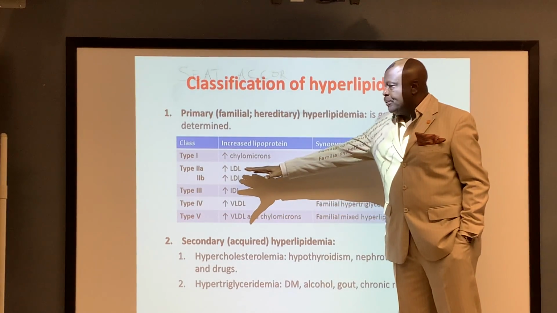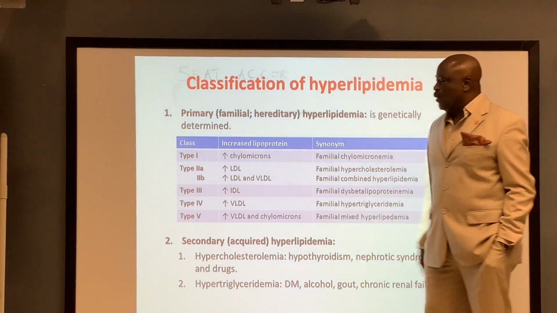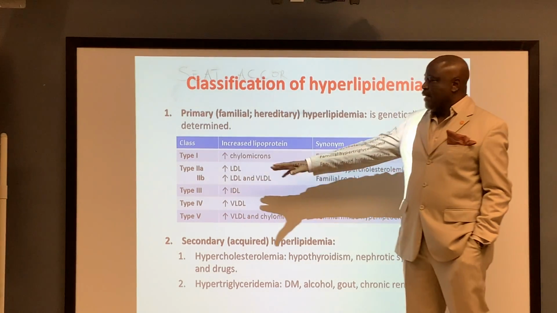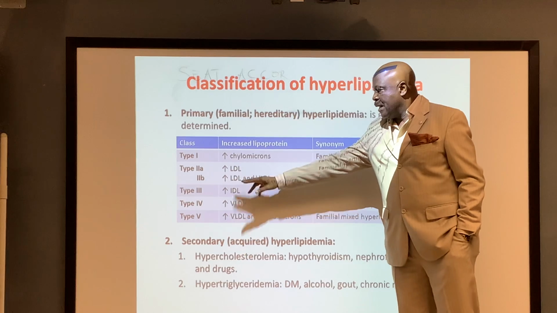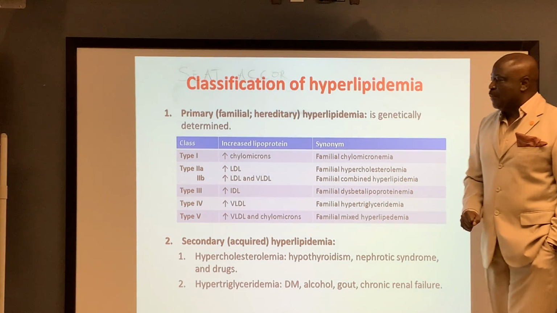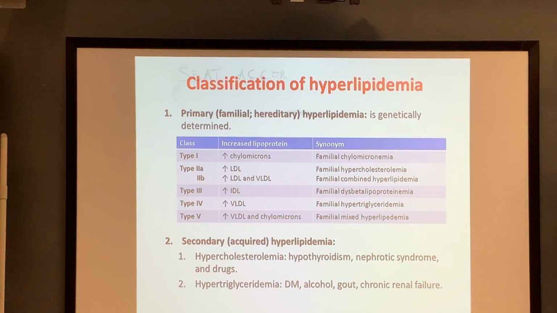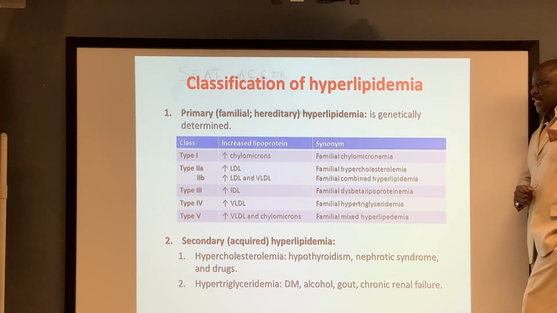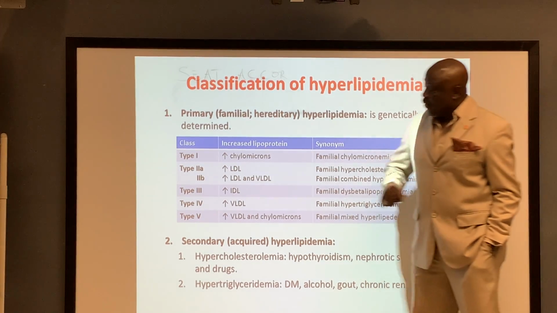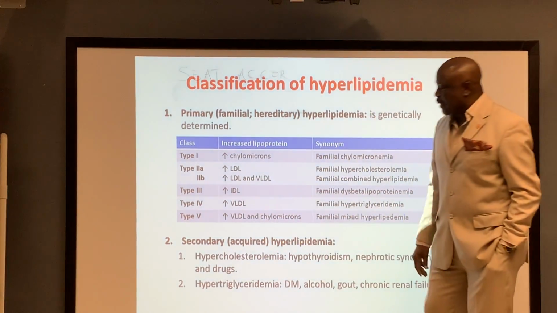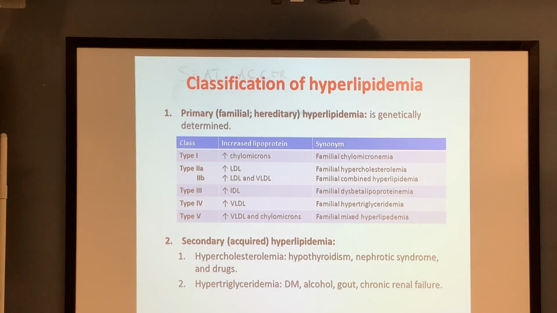In type 2A, you have an increase in low density lipoprotein. In 2B, you have low density lipoprotein and very low density lipoprotein. In type 3, you have intermediate density lipoprotein. In type 4, you have just very low density lipoprotein. And in type 5, you have very low density lipoprotein and chylomicrons.